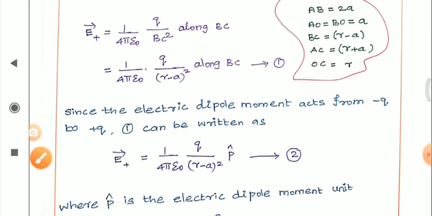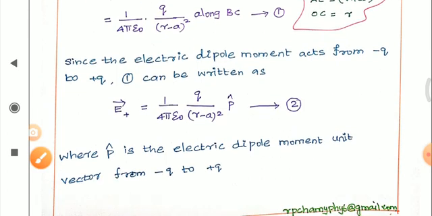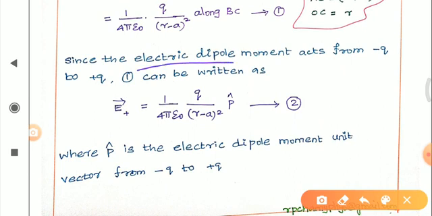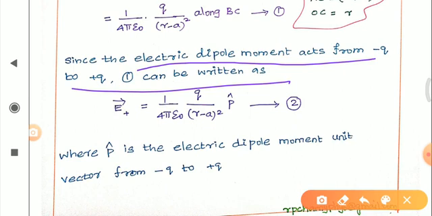Okay, but we are going to calculate for the electric dipole. So the dipole moment will be there because the charges are separated by a finite distance. Since the electric dipole moment acts from minus Q to plus Q, we are going to calculate the direction of the electric dipole moment also.